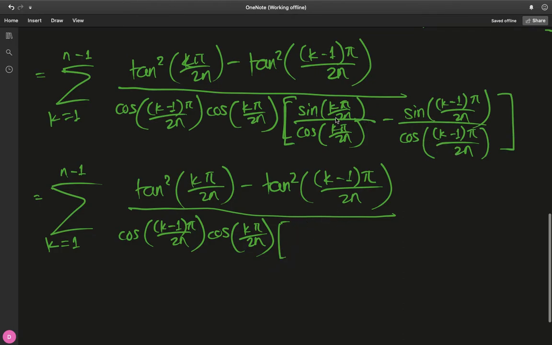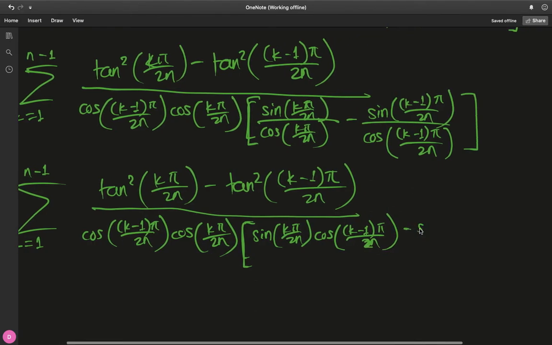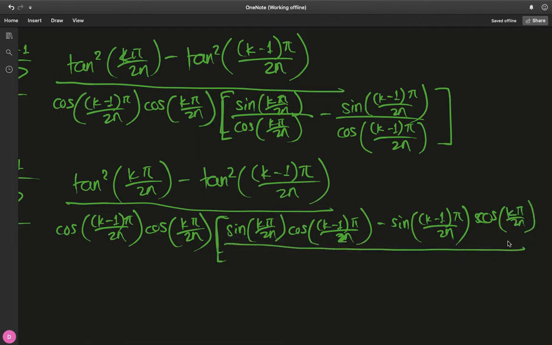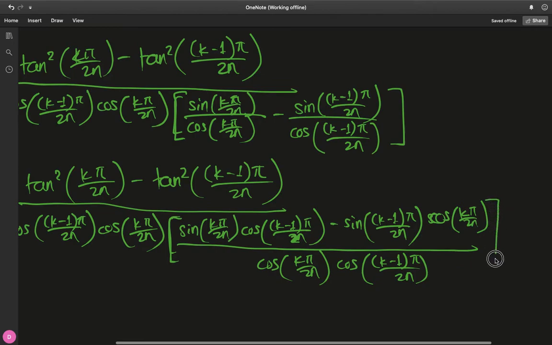And here let's take the LCM for a common denominator. We can have sine of k pi over 2n times cosine of k minus 1 pi over 2n minus sine of k minus 1 pi over 2n times the cosine of k pi over 2n, but divided by a common denominator of cosine of k pi over 2n times the cosine of k minus 1 pi over 2n, and let's close the square bracket.